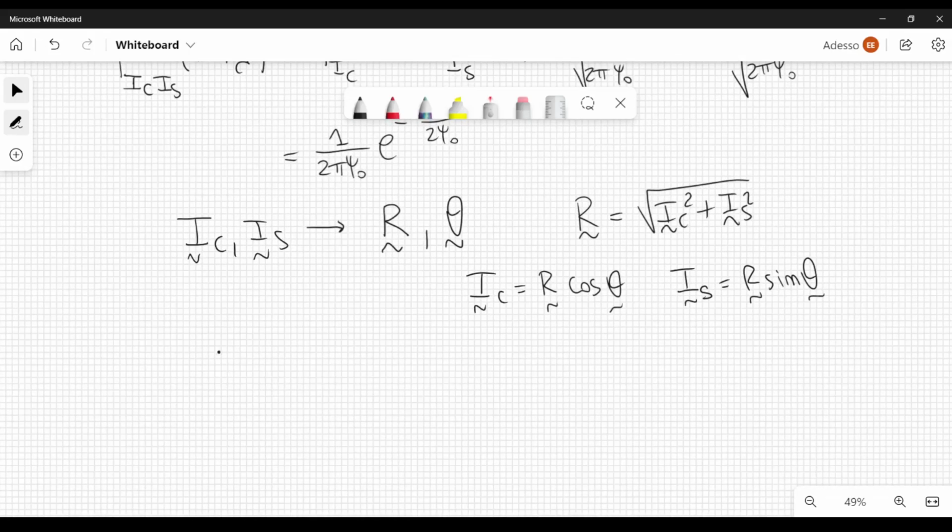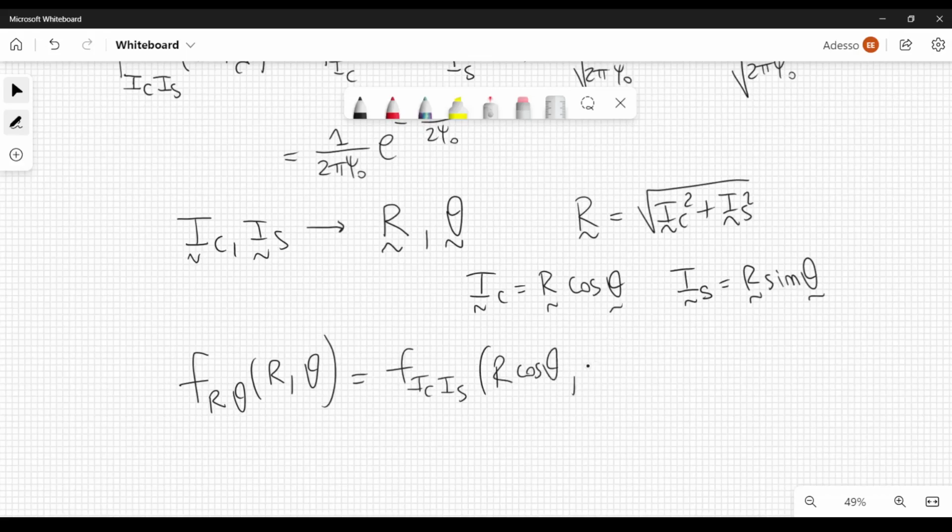And if we want to find the joint probability density f r theta, which depends on r and theta, in this case I will write r and theta without the tildes, because these are just the values that the random variables take. This will be equal to f IC IS of r cosine theta, r sine theta.